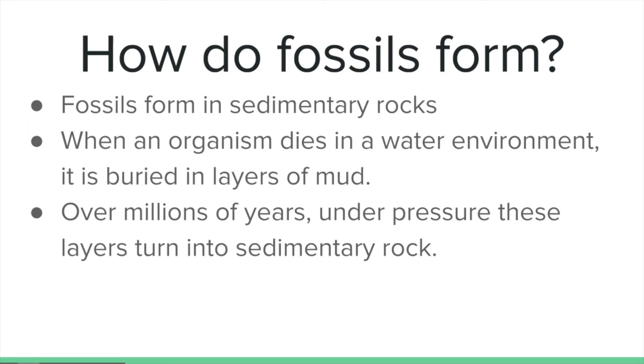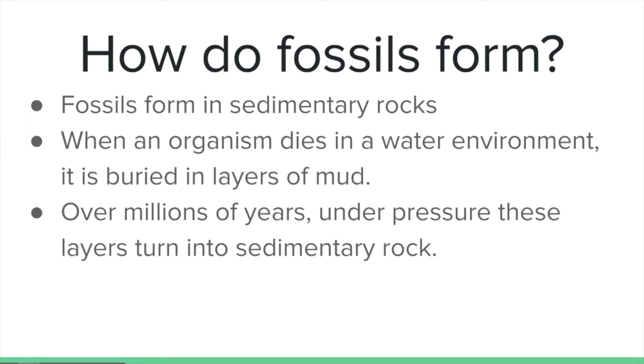Fossils form in sedimentary rock. When an organism dies, especially near a water environment, it is buried in layers of mud. In this layer of mud, over millions of years, under pressure, with layers building up on top of each other, these layers end up turning into sedimentary rock.